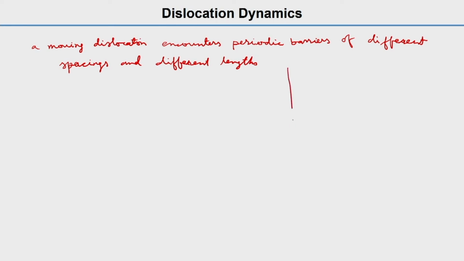So there can be two types of barriers. There are different types of obstacles or barriers.